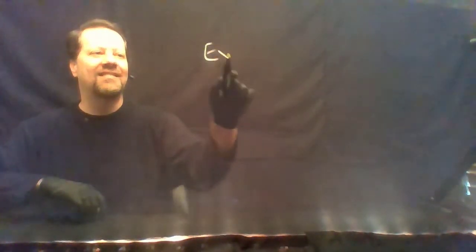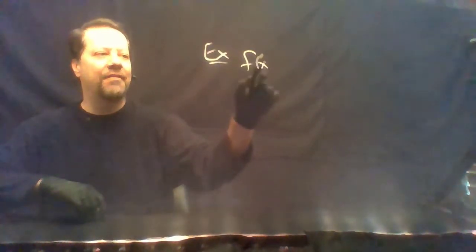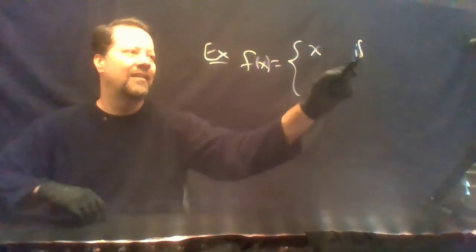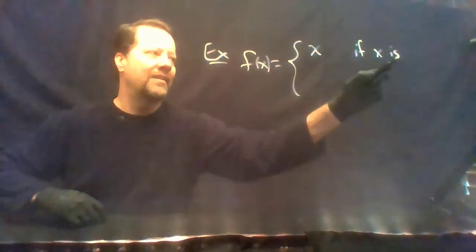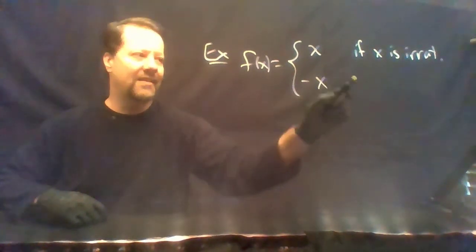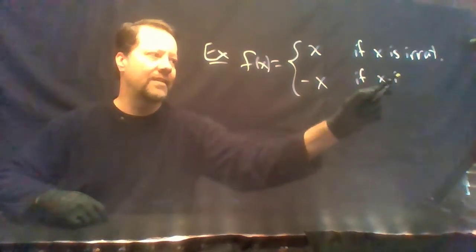We can modify this last example a little bit to make it continuous at exactly 1 point. Consider the function f of x that outputs x if x is irrational, and minus x if x is rational.